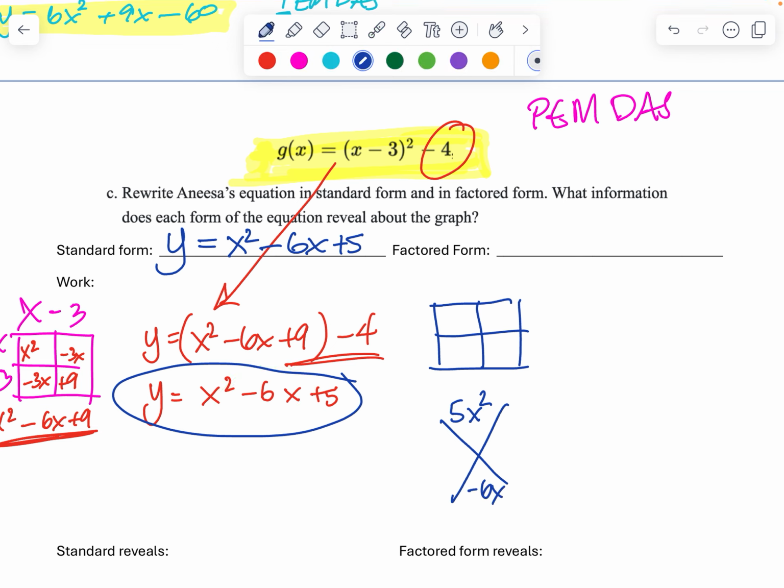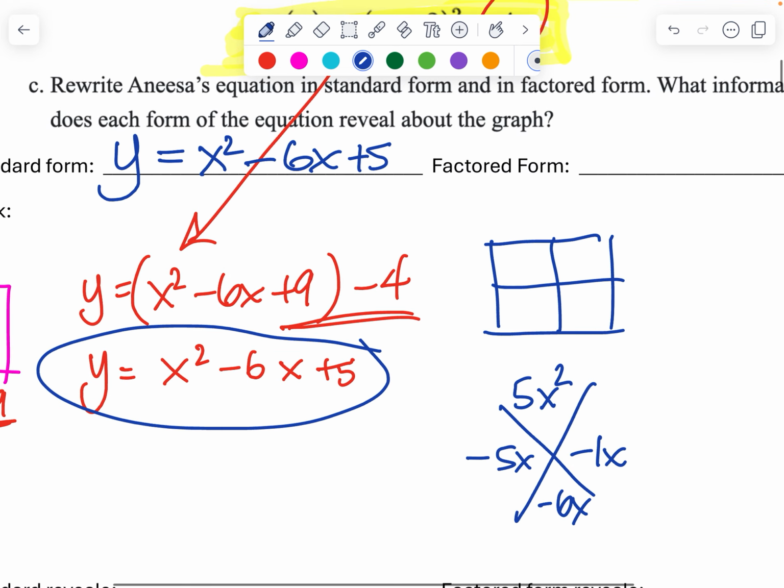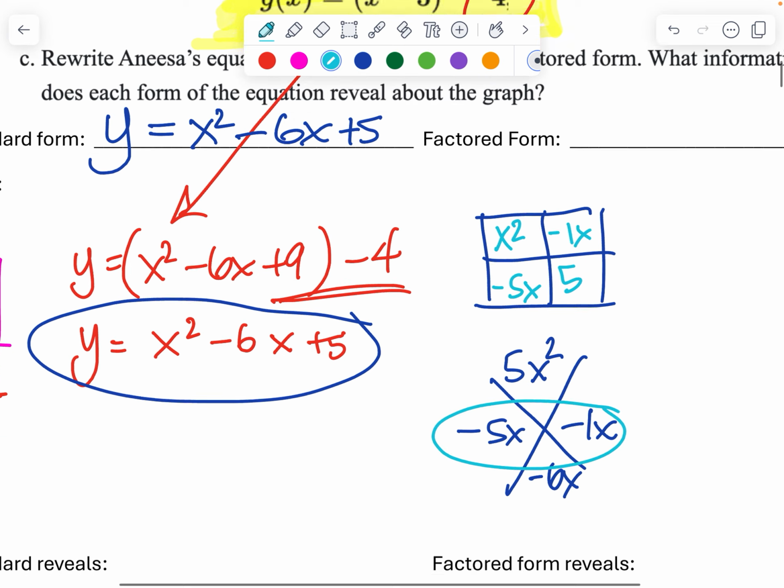And the things that multiply to be 5 but add up to negative 6 are negative 5x and negative 1x. So when I fill in my box, I have x squared and 5 here. And then I put these negative 5x and negative 1x there.